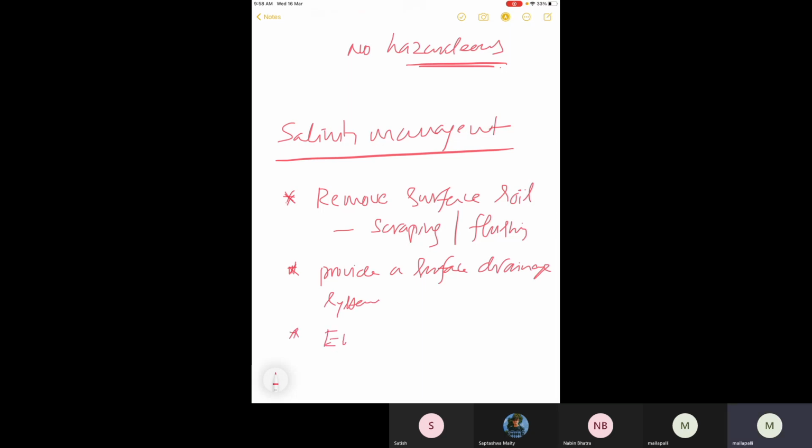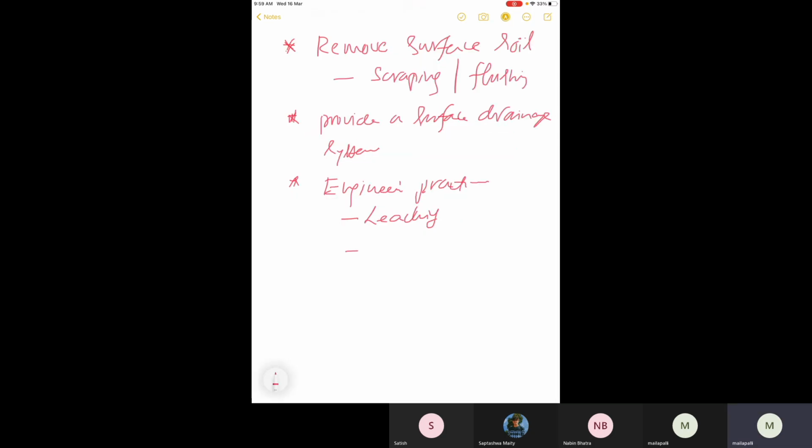So there are some engineering practices. One is the leaching. And we talked about this, the leaching, what is leaching fraction and all, right? The second is the drainage.